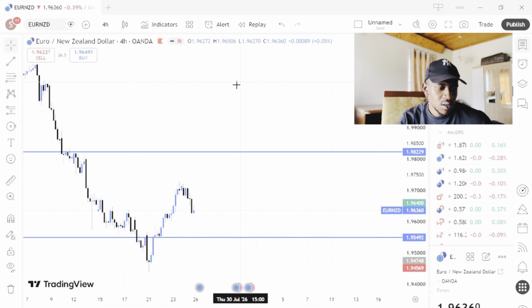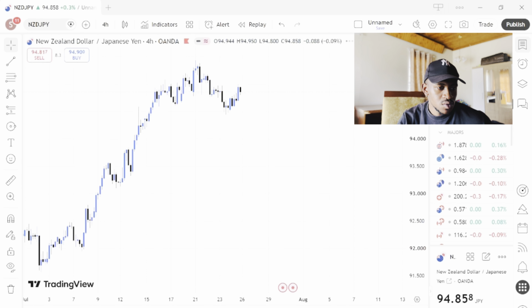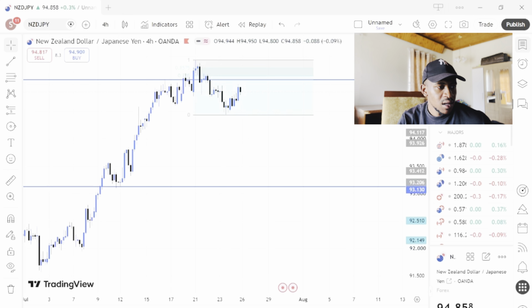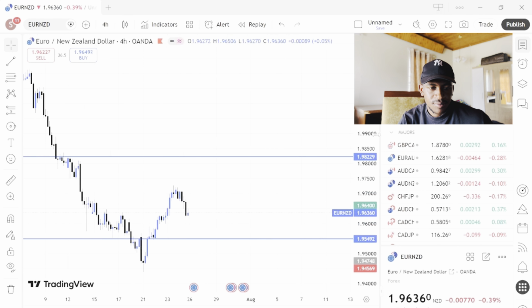So yeah, this is what I'm looking forward to this coming week. The buys on the GBP NZD, sells on the NZDJPY, and again buys on the Euro NZD.